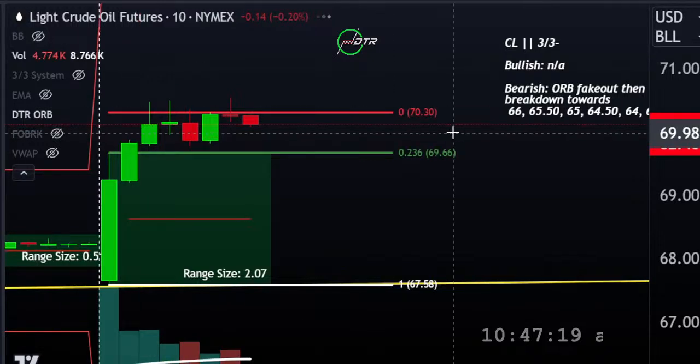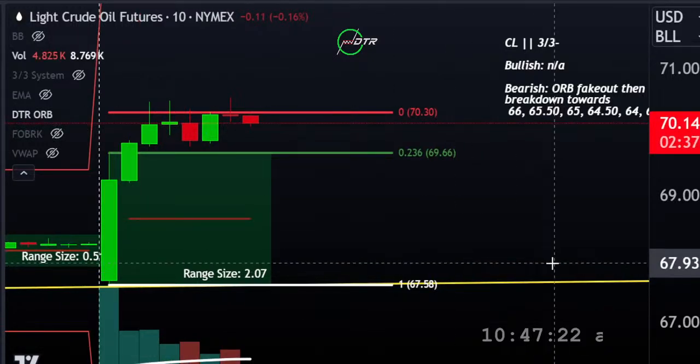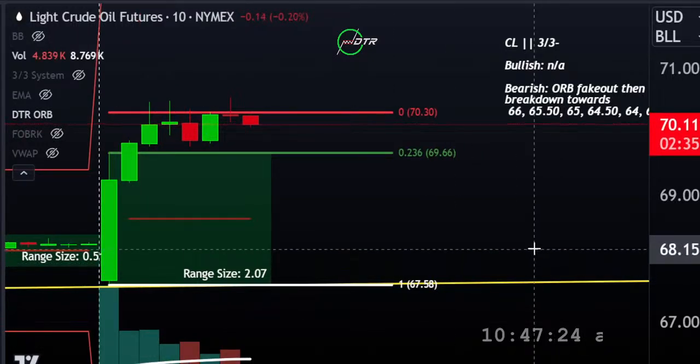Okay, crude now giving us some separation again away from that 70.14.